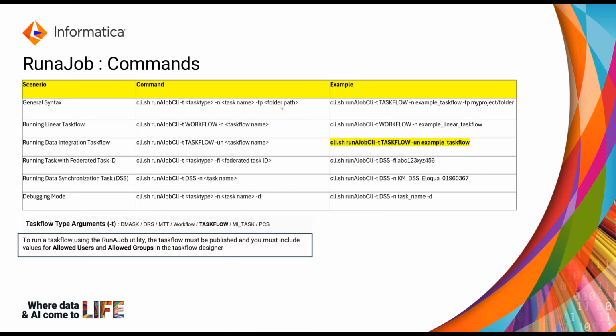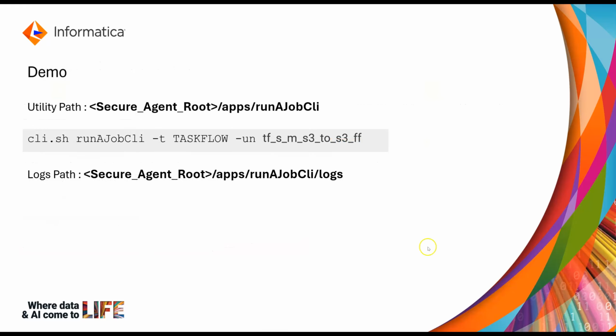Today we will see how we run the data integration task. So for a data integration task, we need to provide taskflow as the type and -un, which stands for the unique name of that task flow. Additionally, you need to ensure for a data integration task, you have to provide allowed users or allowed groups in the start section of the task flow. And here we have the syntax to run the data integration task.